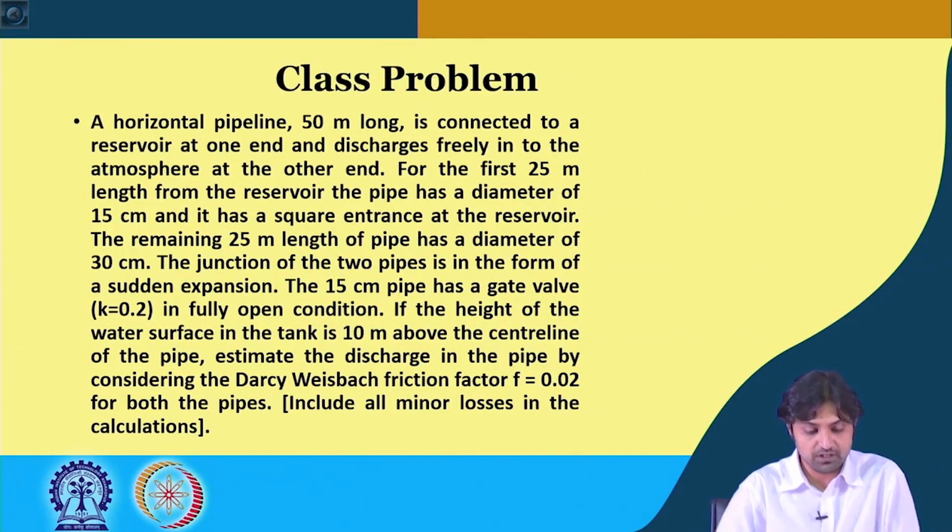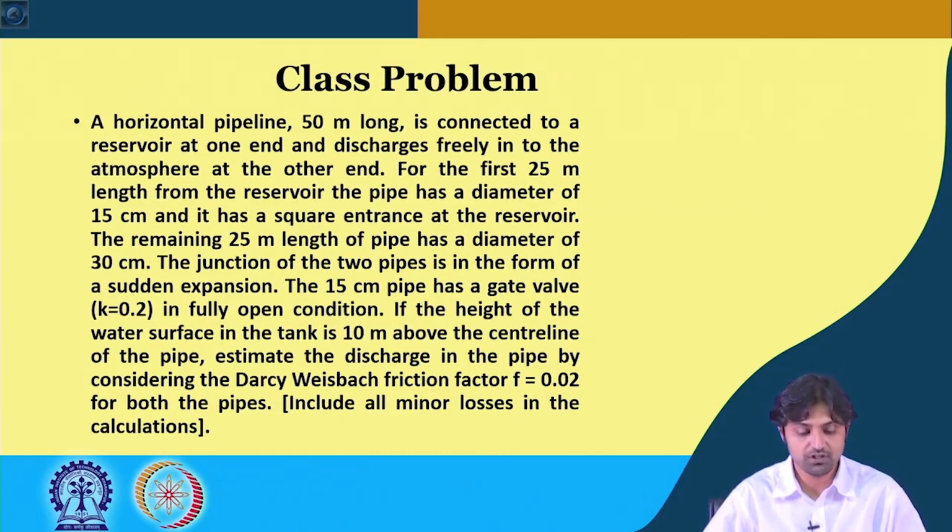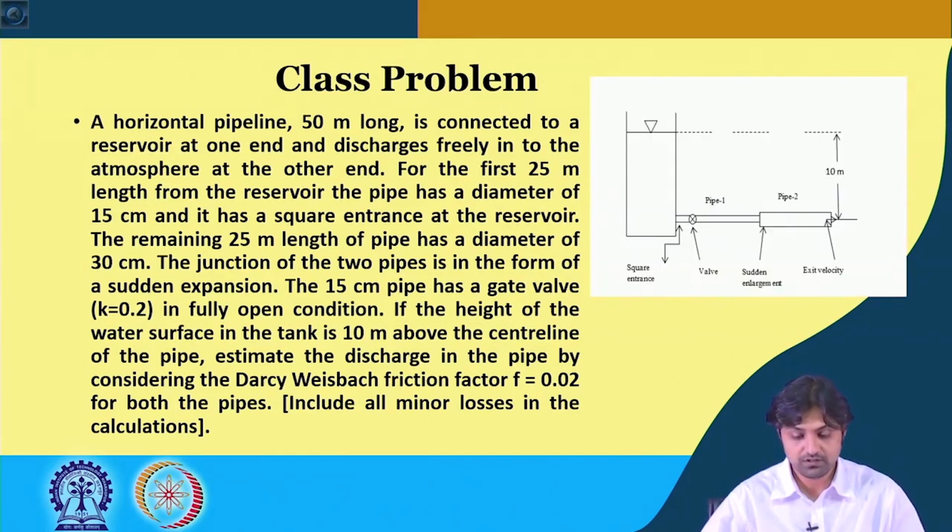Now one more question. There is a horizontal pipeline which is 50 meters long and is connected to a reservoir at one end and discharges freely into the atmosphere at the other end. I have shown the diagram here.